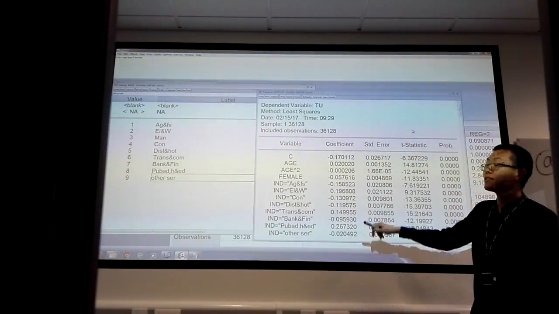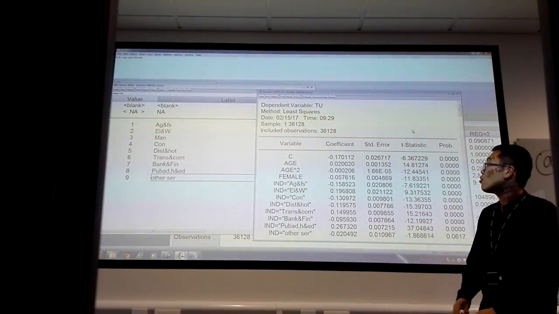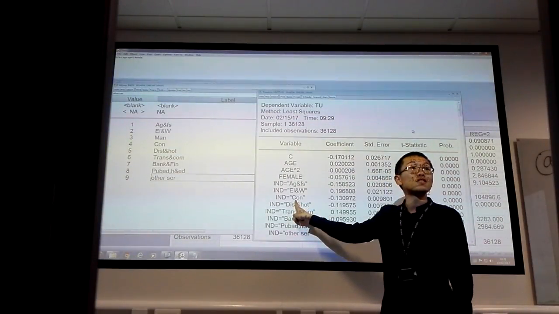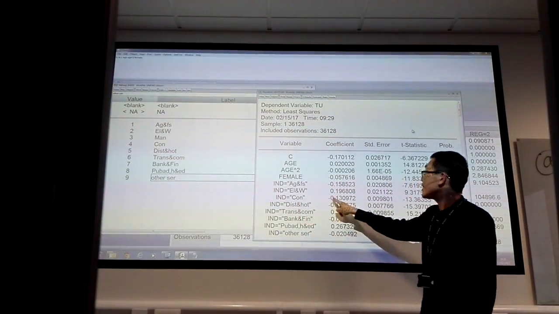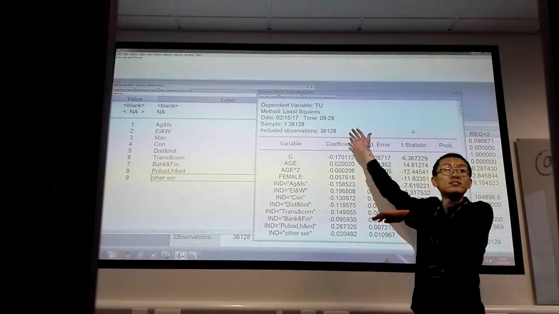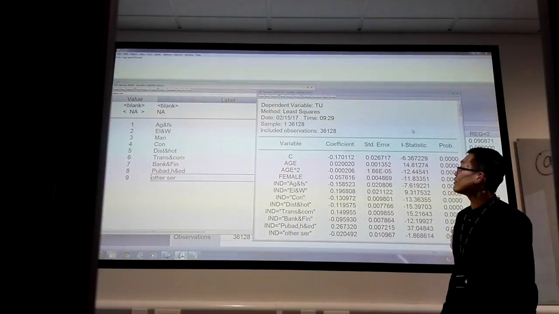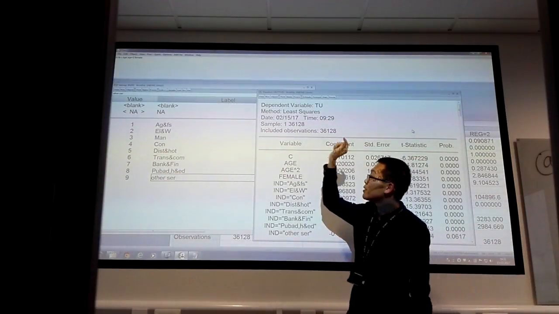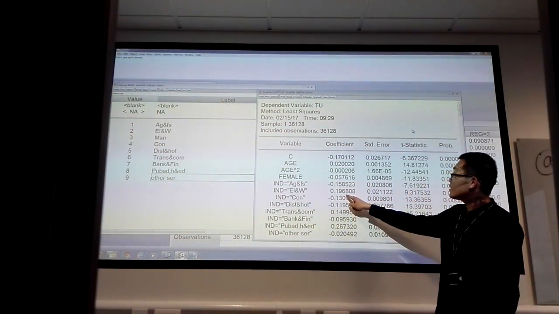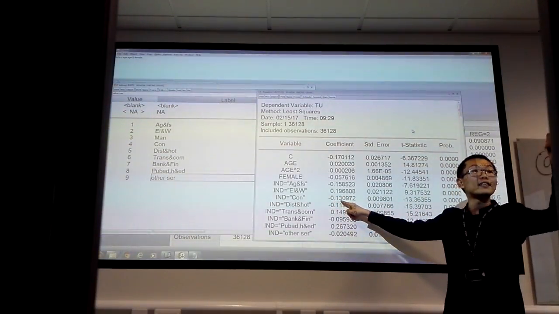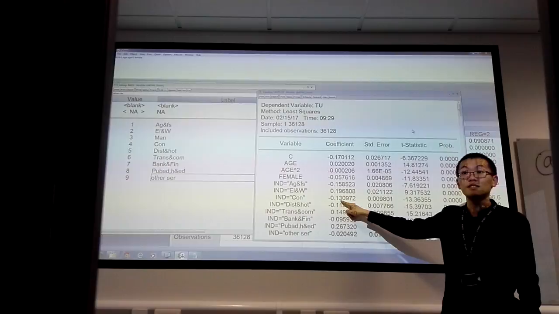So that basically means that given an individual coming from the construction sector, given all the other things the same, compared with the reference individual coming from the manufacturing sector, he will be 13% less likely to decide to join the trade union.